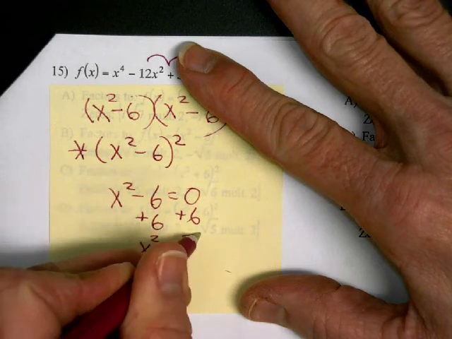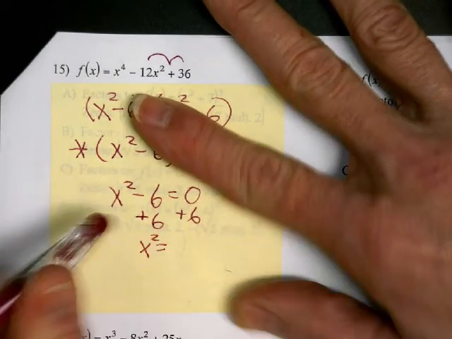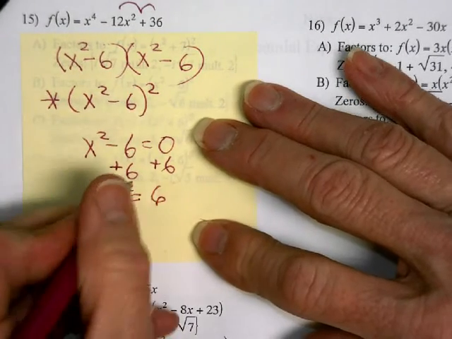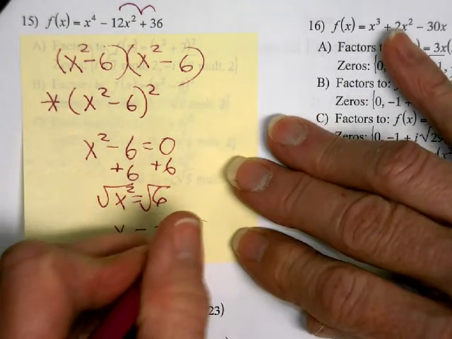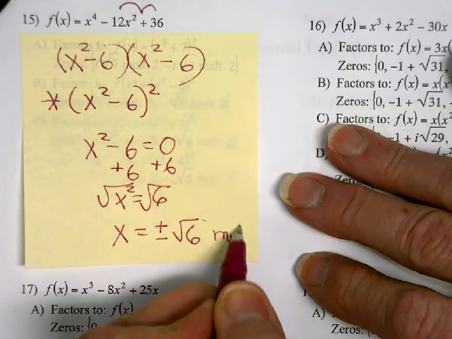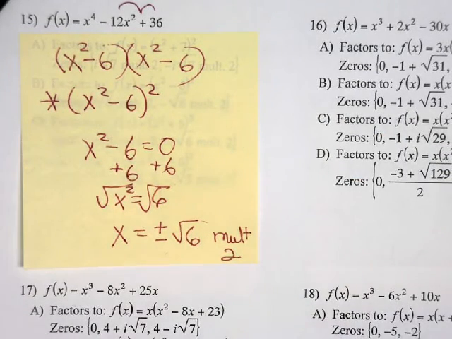So if I just take x squared minus 6 equal to 0, x squared is 6. Oh, pickles. I'm getting ahead of myself. Okay, that should say 6. And when I take the square root, x is positive and negative square root of 6.